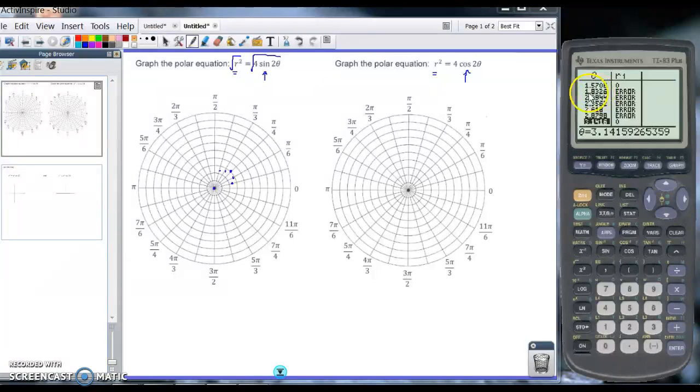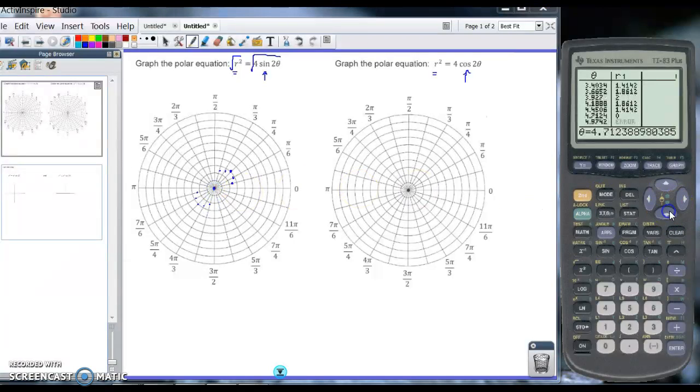Okay, so I know that when you look at these decimals, you're not seeing the same values as you have here, but know that these are going in increments of pi over 12, which are each one of these marks on our graph. So then I'm back at 0, and now I'm into the third quadrant. In the third quadrant, I'm at 1.4, 1.8, 2, 1.8, 1.4, and back at 0.